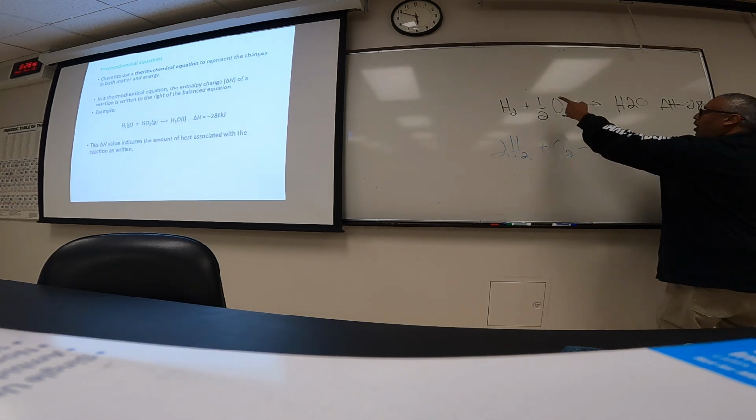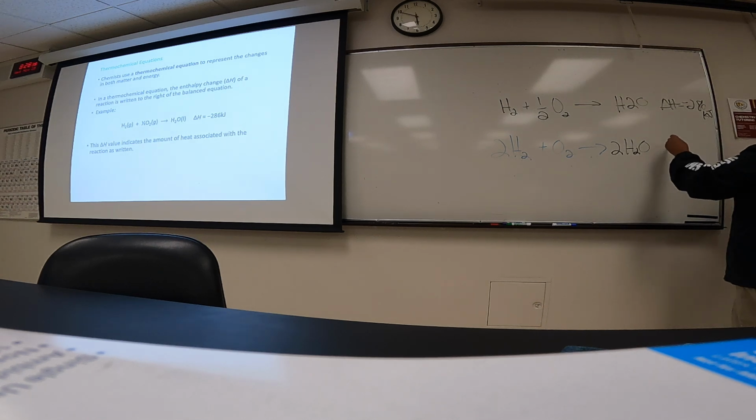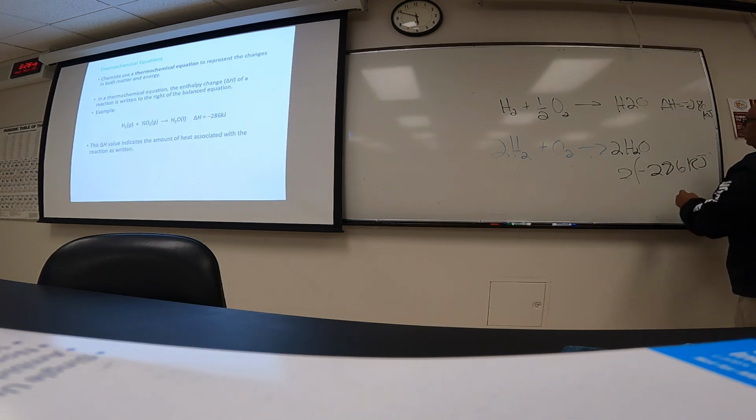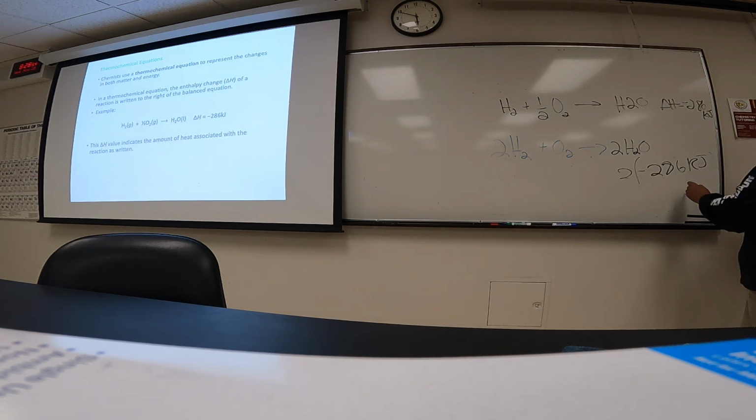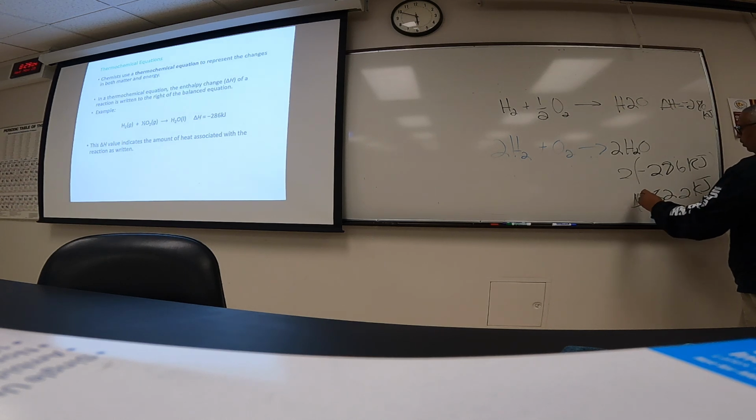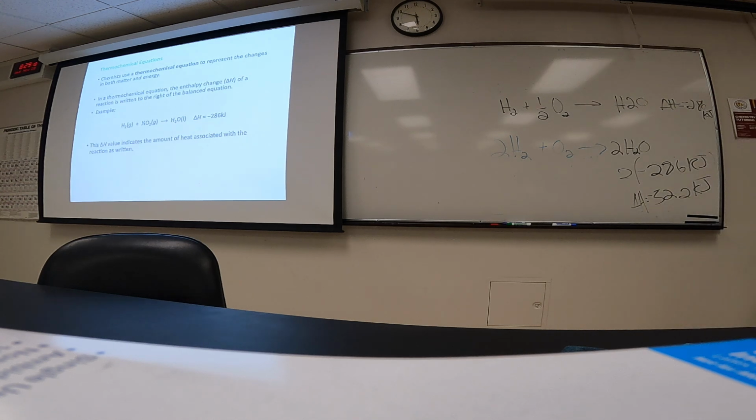Because this is twice as much, we're going to take the negative 286 kilojoules and multiply that by 2. So what is 286 times 2? 572 kilojoules. And let's not forget the negative, so negative 572 kilojoules for this reaction here.